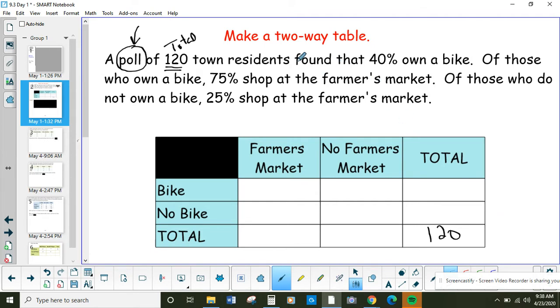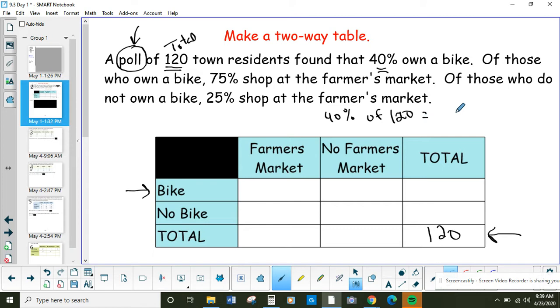Next, 40% own bikes. So 40% of this number right here own bikes. We find the section that says bikes, the total number of people that own bikes. We're not worried about whether they shop at the farmer's market or not. We're just going to find 40%. Now, just a reminder, in math, of means times, right? So 40% of 120 is like saying 40% times 120.